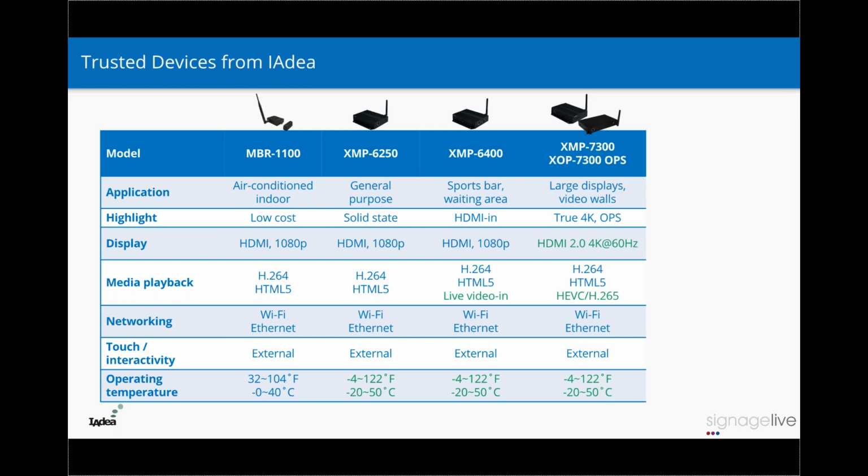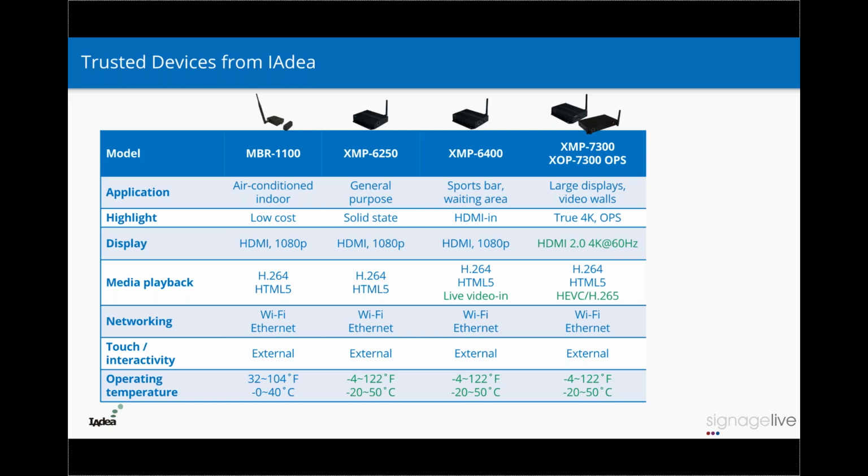A step higher is the XMP 7300, which is also available in the Intel OPS format, as the XOP 7300. These are true 4K capable media players with higher performance. They're certified to be HDMI 2.0 compliant, displaying 4K at 60 frames per second decoding, so very smooth graphics.